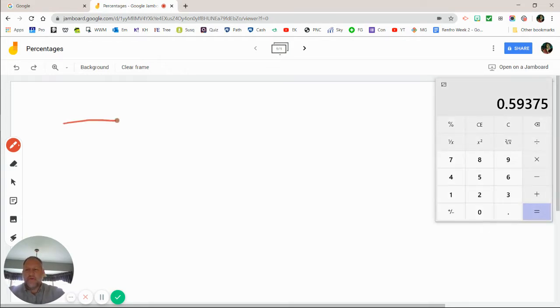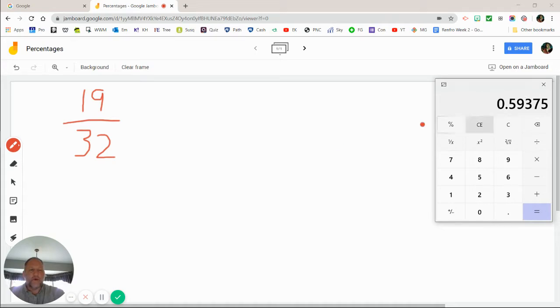Let's say Mr. Renfro has 32 windows on his house, okay? And I paint 19 of the 32. What percentage of the windows did I paint? Well, 19 divided by 32 comes out to 0.59375.